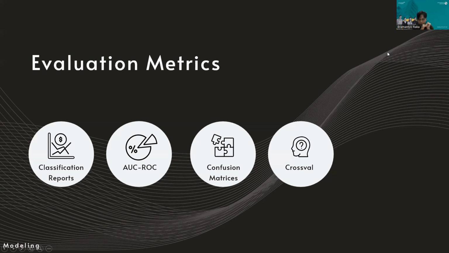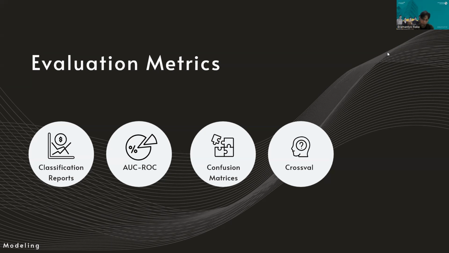The evaluation metrics. Evaluation metrics are how we judge the accuracy and reliability of our storytellers. Let's say in the classification reports, we have precision and recall to tell us how often it's right when it predicts a specific outcome. We have AUC and ROC, which tell us how the model distinguishes between good and bad loans.